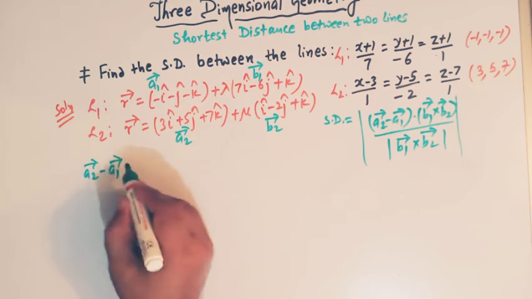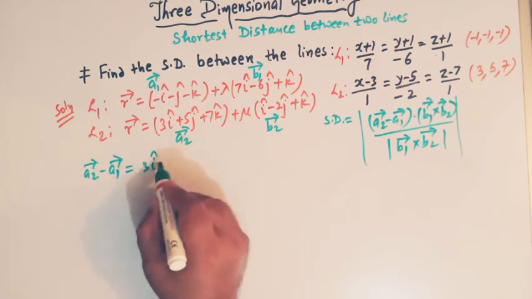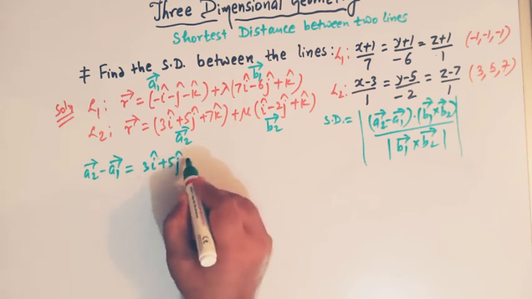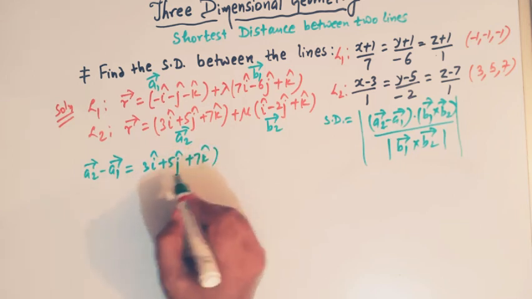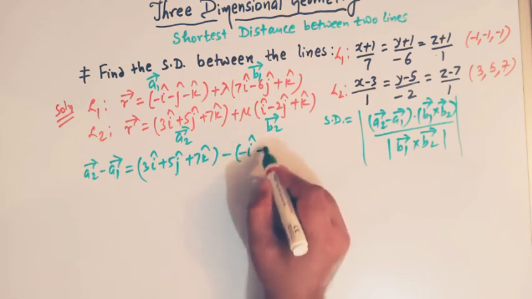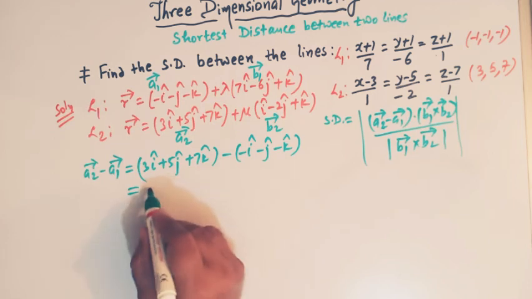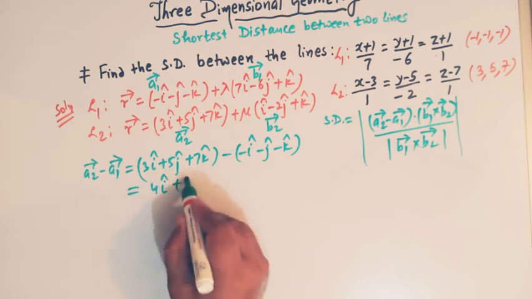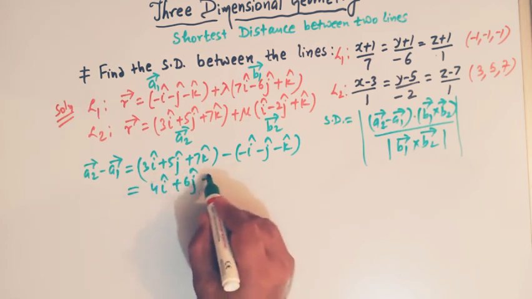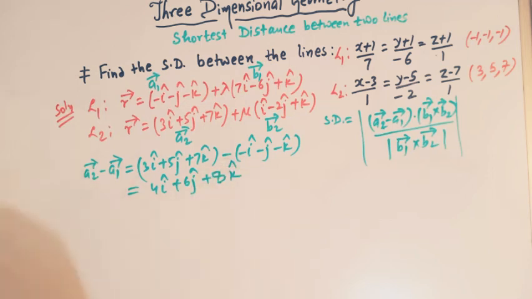So vector a2 minus vector a1 is 3 i cap plus 5 j cap plus 7 k cap minus minus i cap minus j cap minus k cap, and this is equal to 4 i cap plus 6 j cap plus 8 k cap, right?